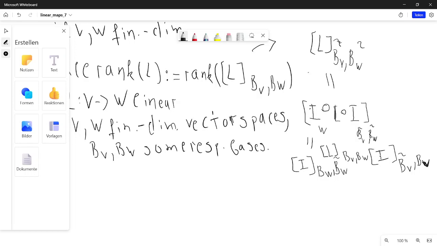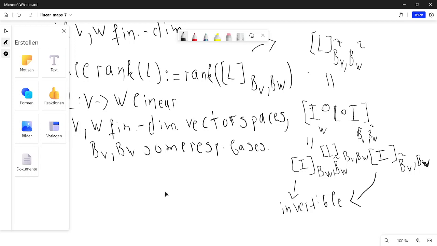We apply the map and we switch the coordinates, and these matrices are invertible. As you recall, basis change matrices are invertible. Hence, the rank is well defined, because any representation matrix would give exactly the same rank, so we could just pick any representation matrix and define the rank of the linear map that way.